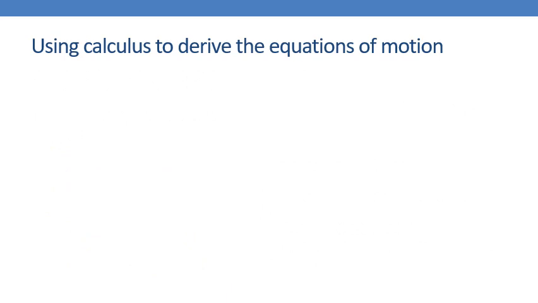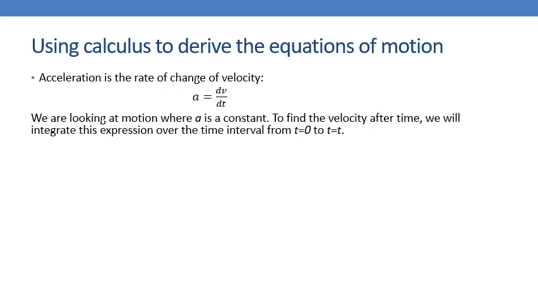So let's have a look at how we derive the equations of motion using calculus. Acceleration is the rate of change of velocity. We've just said that that can be written as dv by dt. If we rearrange this, we're looking at a time period from time 0 to time t.